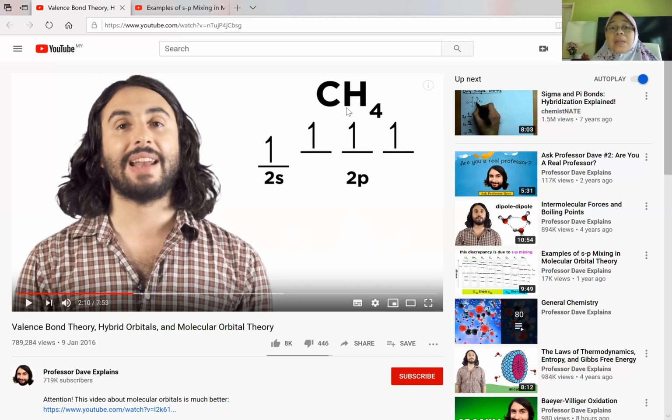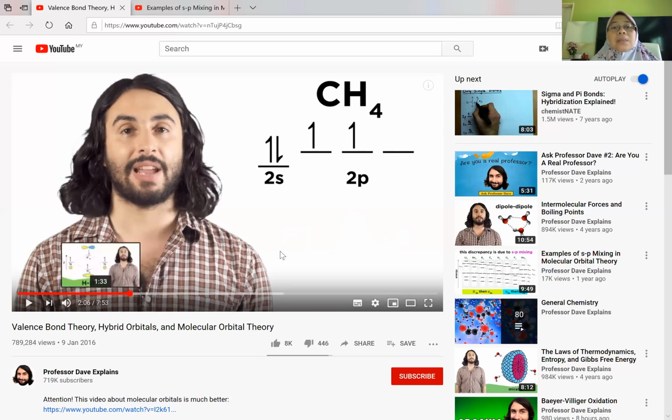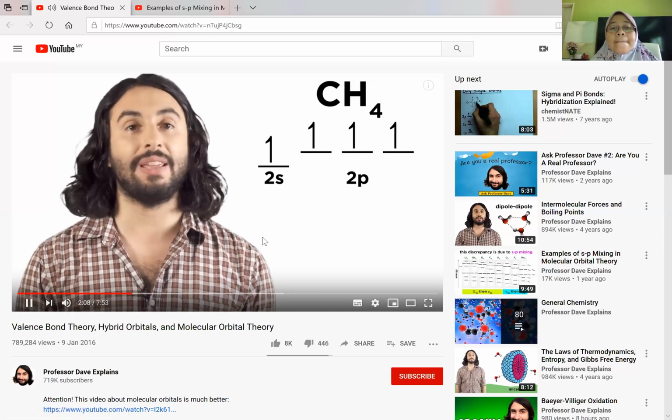Okay, remember that electrons have to be shared, have to be paired. Originally it was like this, right? The configuration for the valence electrons of carbon is 2s2 and 2p2. So there are only 1 and 2 spaces. So in order to accommodate 4 electrons, the carbon promotes an electron up to the vacant 2p orbital.